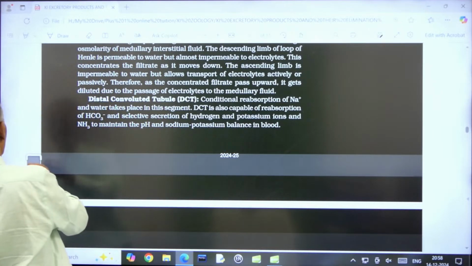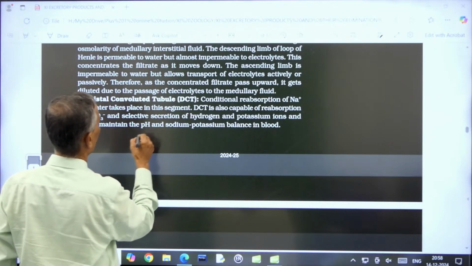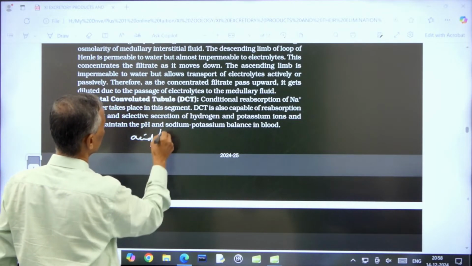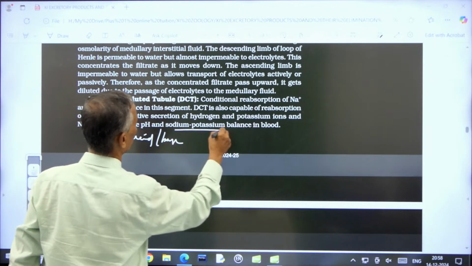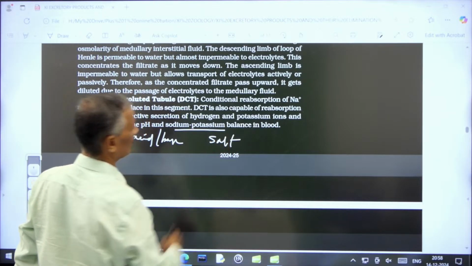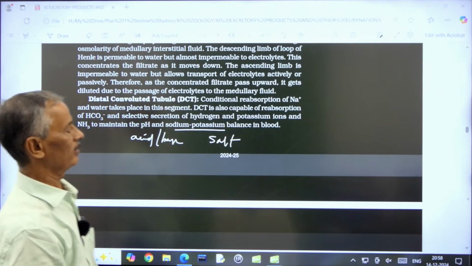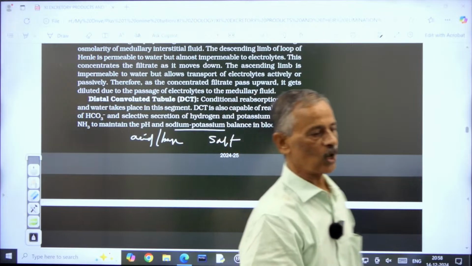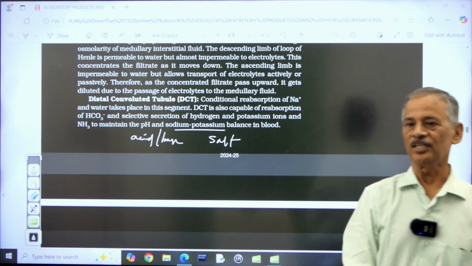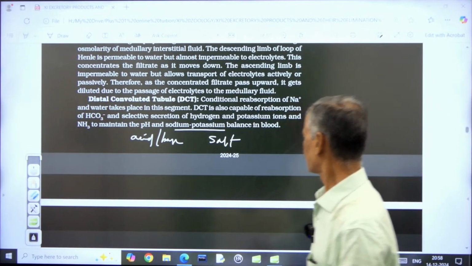So, maintenance of acid-base balance and sodium-potassium salt balance, that is ionic regulation, is the function of DCT and PCT.